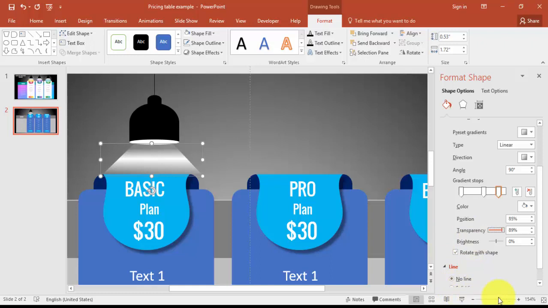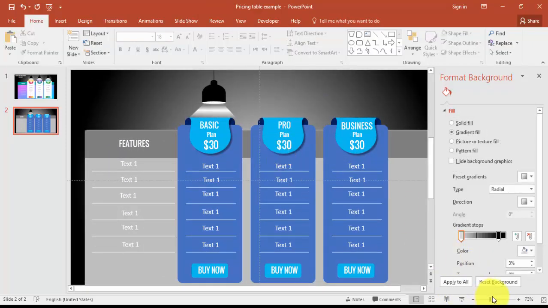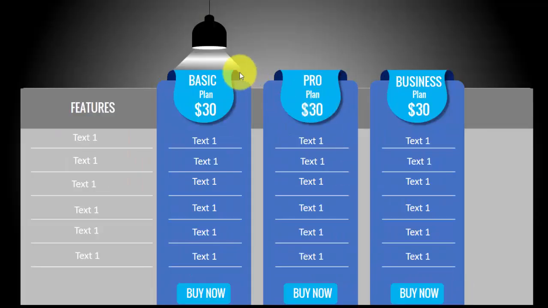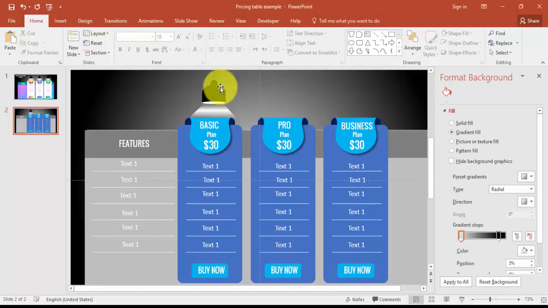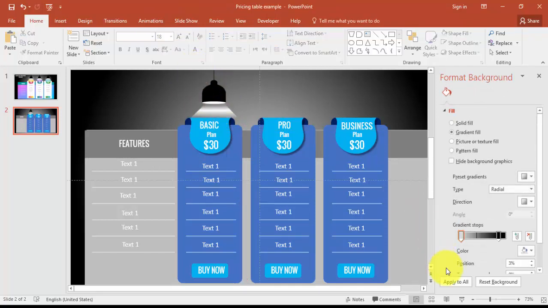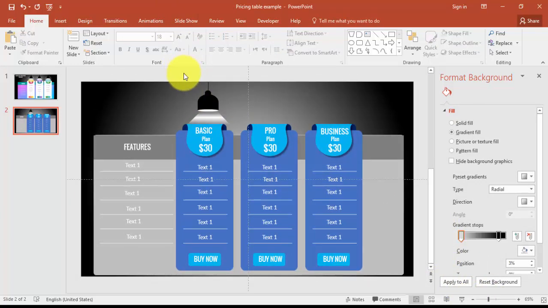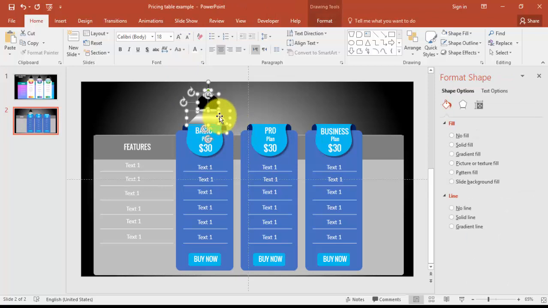Okay, now if you see this one, it looks something like this. I just need to adjust, align it properly, so let me just reduce the size and align it properly. Exactly.